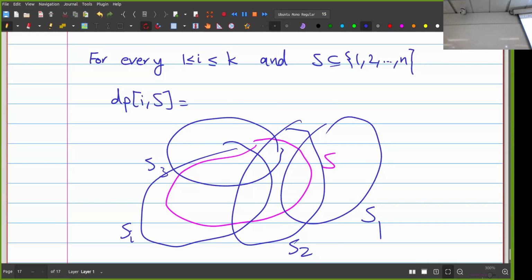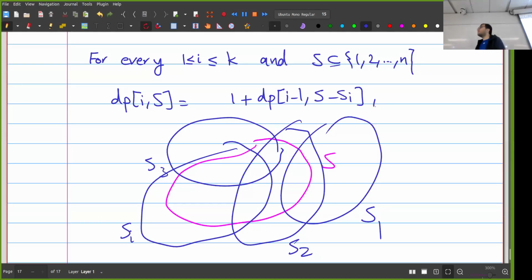You say either I take this last subset Si or I don't. If I take Si, it's going to cover part of S. So with the other I-1 sets, I have to cover the rest of this. Okay, so this is going to be 1 because I'm taking Si, plus dp of I-1, S minus Si.